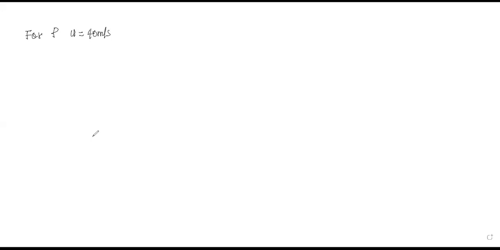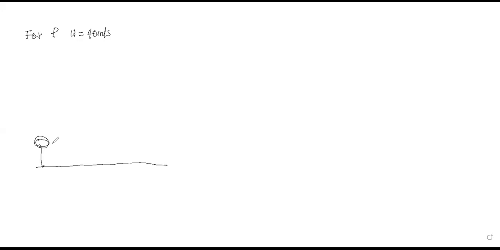After 4 seconds, particle Q is also shot up. So they are all shot from the same level. Let's assume they are all shot from the ground level. So particle P is shot first.